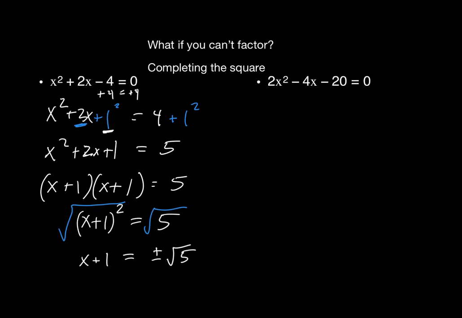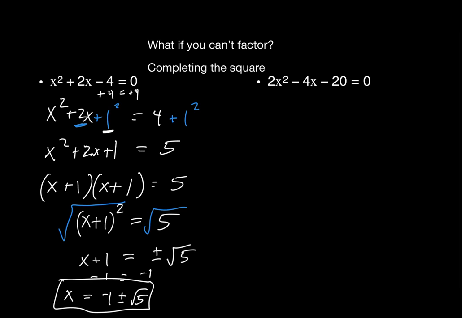To solve for x, I need to get rid of the 1. I will subtract 1 from both sides, leaving me with x equals negative 1 plus or minus the square root of 5. And that is finished. Could also have done the quadratic formula, but because it says here, complete the square.